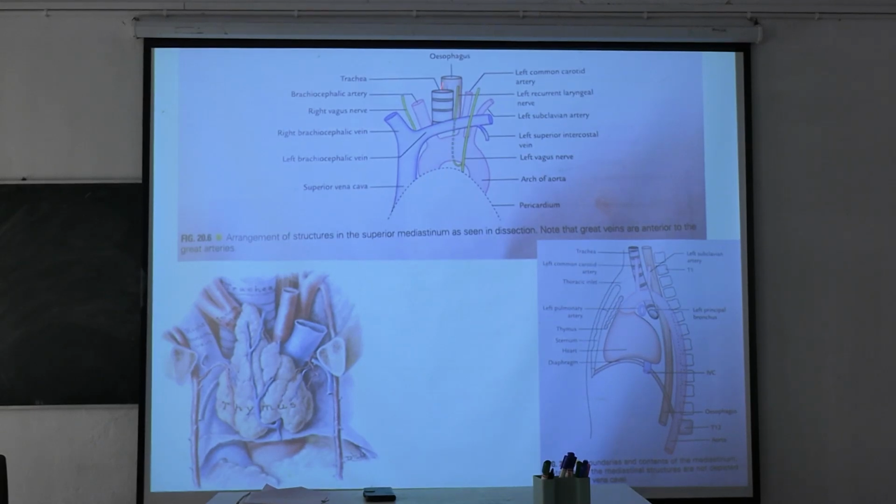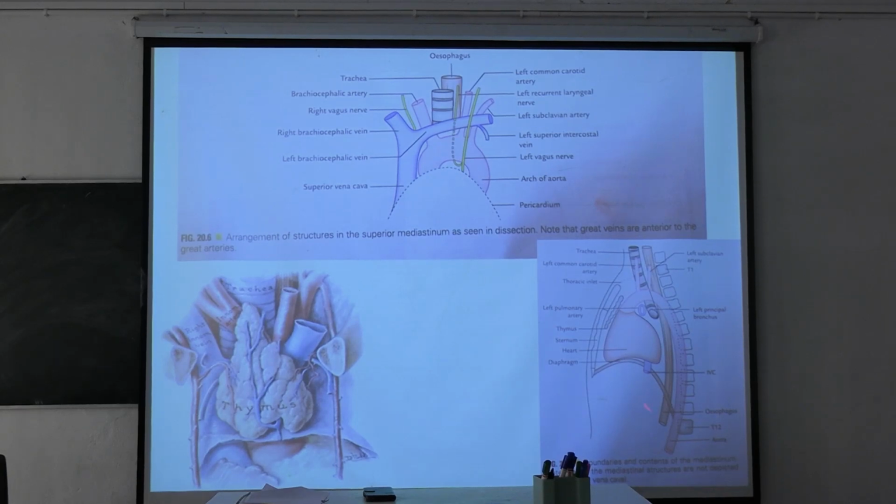Here is the trachea, this is the esophagus, this is the right vagus, this is the left vagus. You can see from the left vagus, this branch is known as the left recurrent laryngeal nerve, hooking on the undersurface of this arch of aorta and then ascending upward at the tracheoesophageal groove.